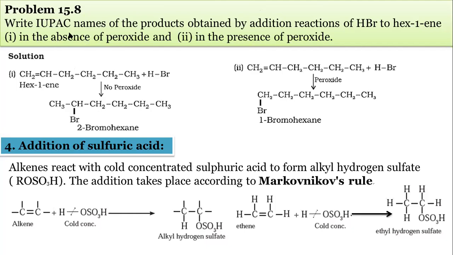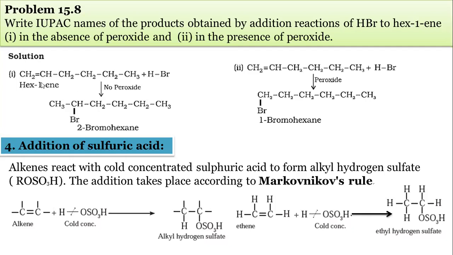See what is given. Write the IUPAC names of the products obtained by the addition of HBr to hex-1-ene. Hex-1-ene means this is an alkene, and on carbon number 1 there is a double bond. So here, in the solution, this is hex-1-ene: 1, 2, 3, 4, 5, 6.